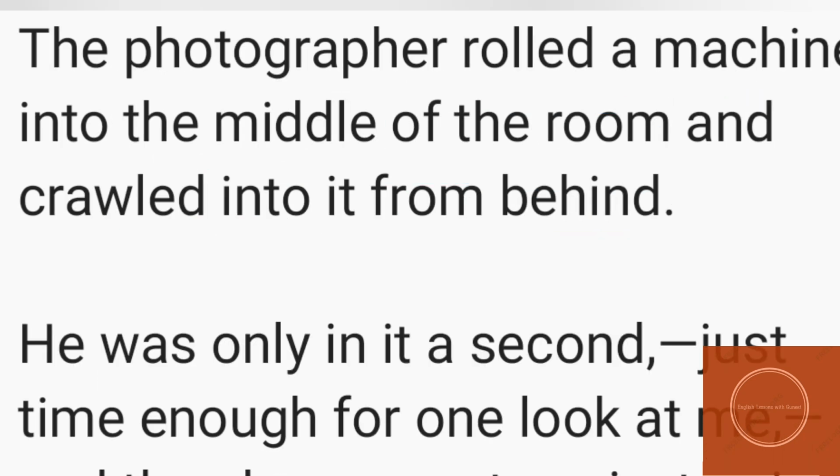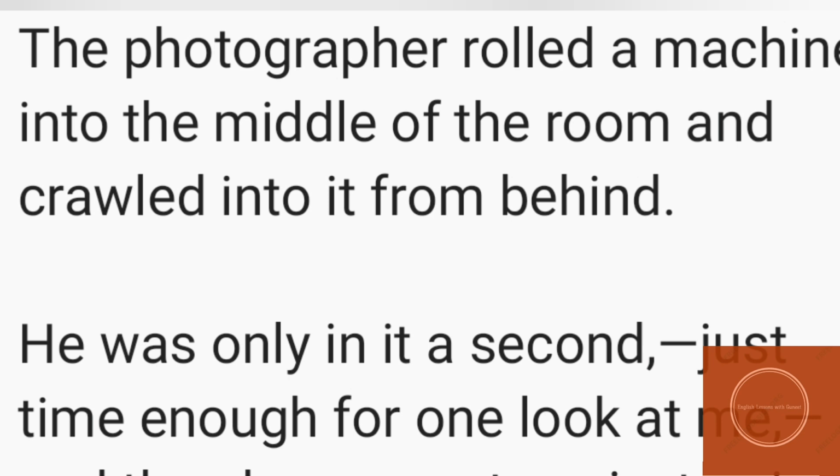Then the photographer rolled a machine into the middle of the room and crawled into it from behind. Basically at those times the machines for taking pictures were not as common as they are now. Now we can take normal photographs on our mobile phones also.